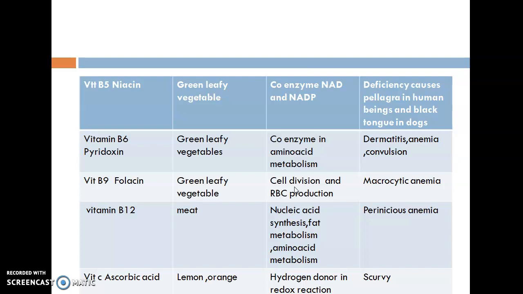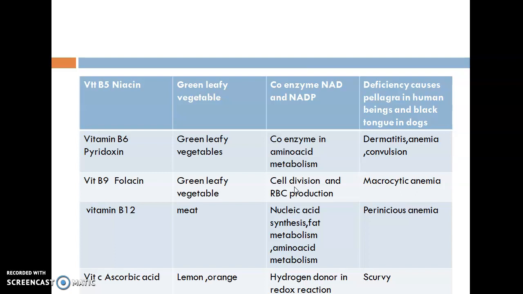So it plays a central role in carbon metabolism and methylation reaction and forms coenzymes in several reactions. Deficiency causes hypochromic macrocytic anemia, which is characterized by an increase in average size of RBC corpuscles.